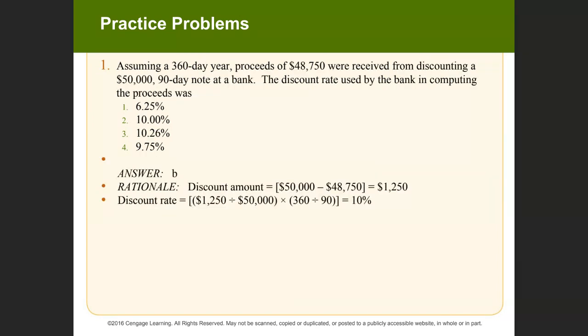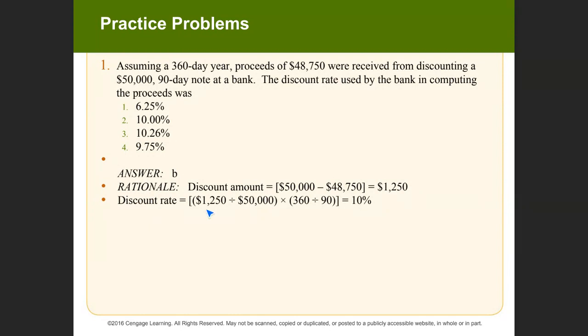So to find the discount amount, you take the 50,000 minus the 48,750, and that gives us this $1,250 discount. And so we know the discount amount is $1,250, and now we need to figure out what the discount rate was that they used to get to this $1,250.